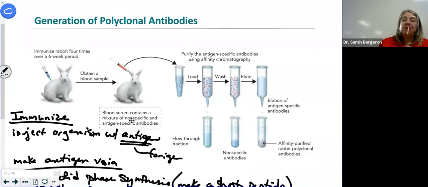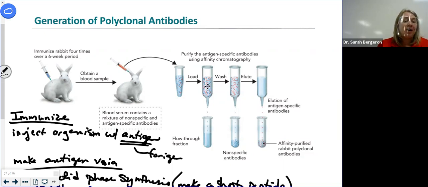Inside the serum of the blood, we have a great big mix of antibodies, because one antigen has multiple epitopes. So that rabbit's B cells are going to make all kinds of different antibodies. I collect the serum, I collect them all, and I purify them with affinity chromatography.